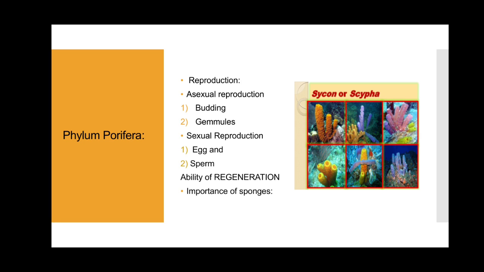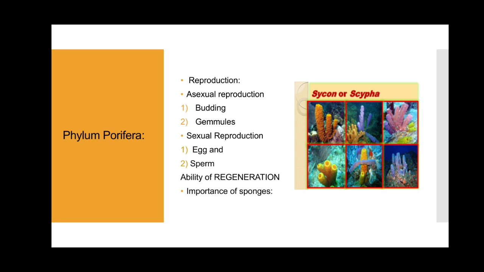The examples of Porifera are Scypha, Euplectella, and Spongilla. You can see these organisms in the diagram.